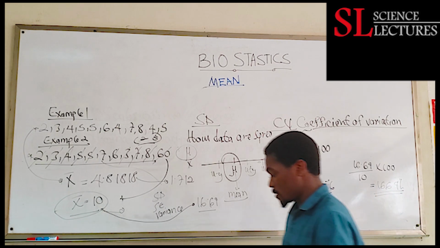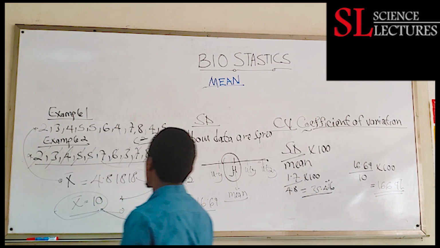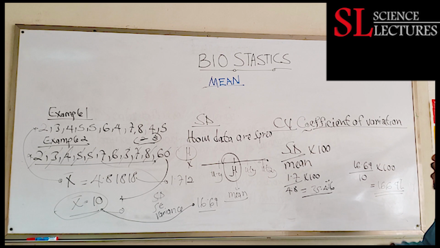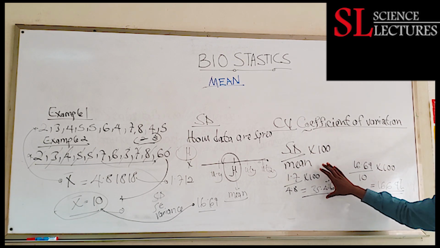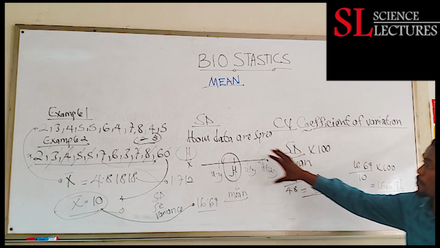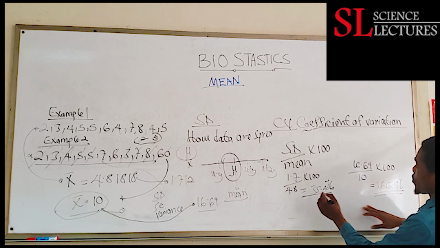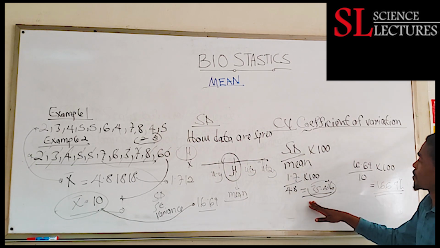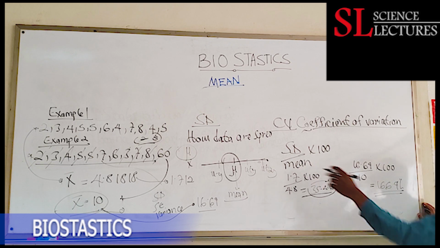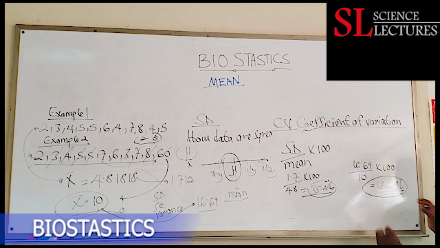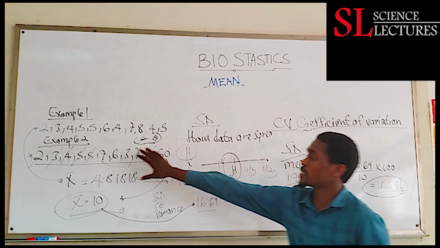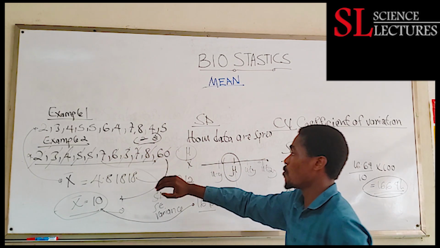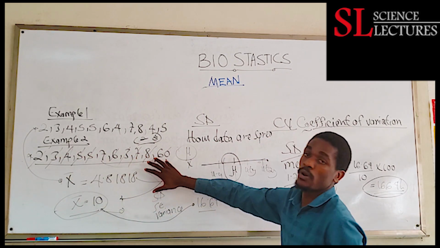So these values of the coefficient of variation also speak to the type of data we are having. The CV for example 1 is 35.4%, but the CV for example 2 is 166.9%. Because the data were not normal, you see, the data had what we call an outlier.